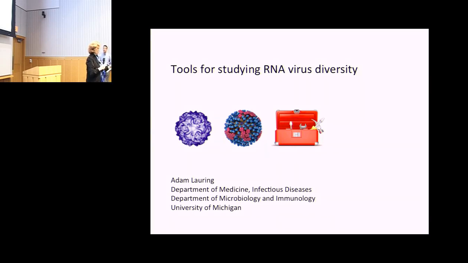Then he continued his postgraduate work at UC San Francisco, where he focused on the evolutionary dynamics of poliovirus, and also completed his medical training. In 2012, he came to U of M and joined the faculty at the medical school. And today he's going to talk to us about tools for studying RNA virus diversity.